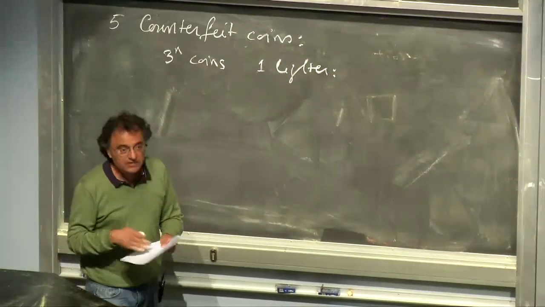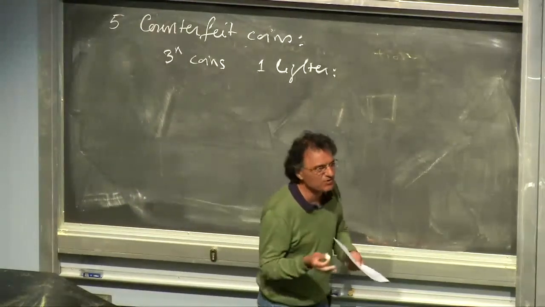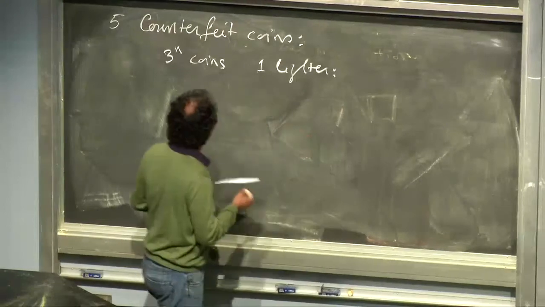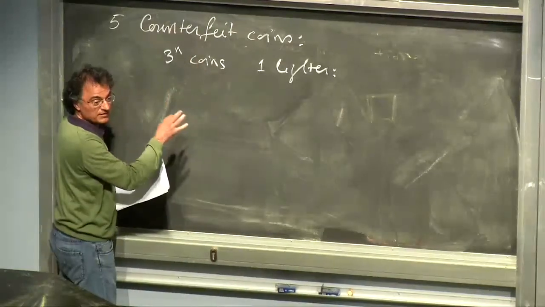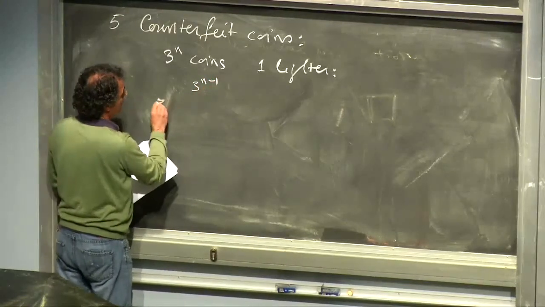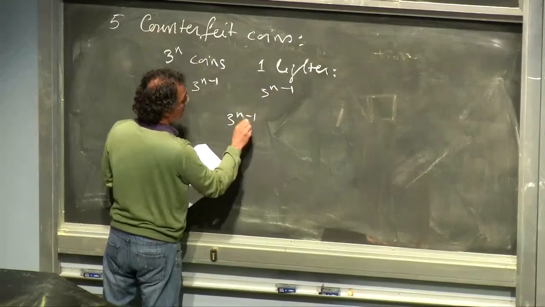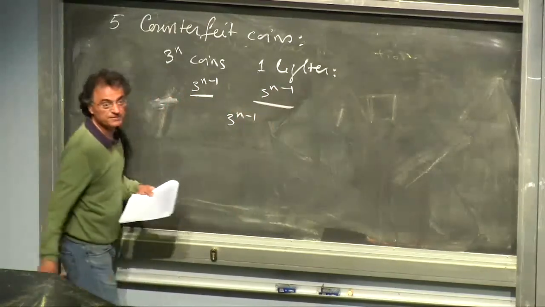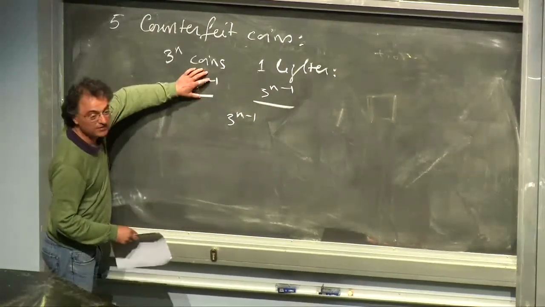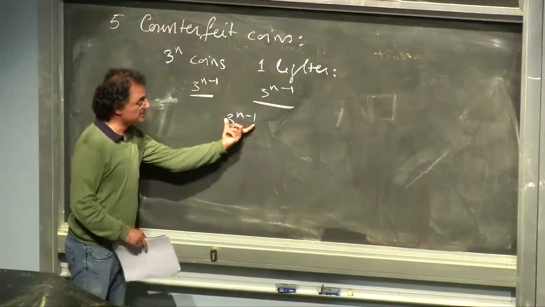And so this really involved that you write out a recursive program, and the recursive program was very easy, right? You divide into 3 equal groups. So you have 3 to the n minus 1, 3 to the n minus 1, and 3 to the n minus 1. You weigh this versus this. If one of them is lighter, you know that's where the counterfeit coin is. If they're equal, you know it's here.